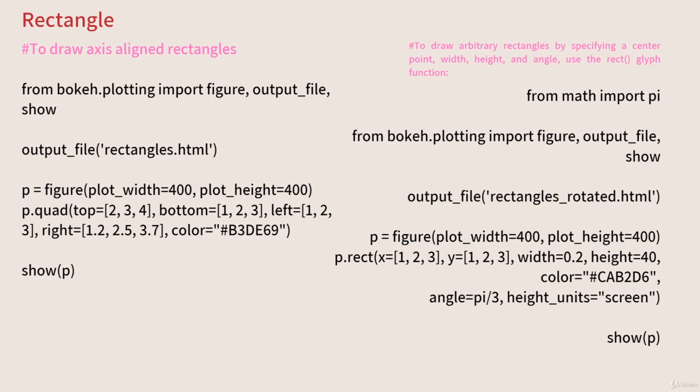In case of arbitrary rectangles, which is on the right side, you can see, you have to specify the center point, width, height, and angle, and the rectangle would be formed accordingly. In the axis aligned, you have to specifically mention the entire detail. So there would be a proper axis aligned rectangle shown on your screen. So we'll go into this detail in the next session.